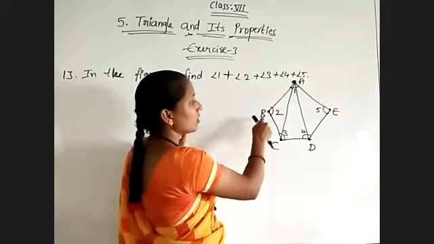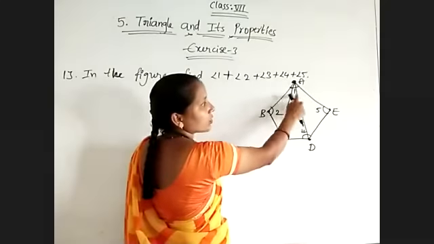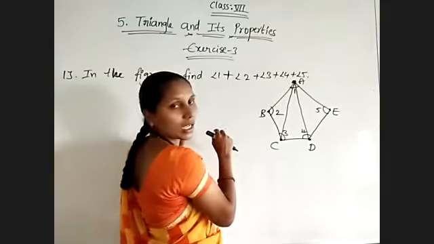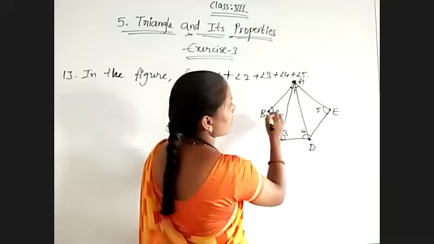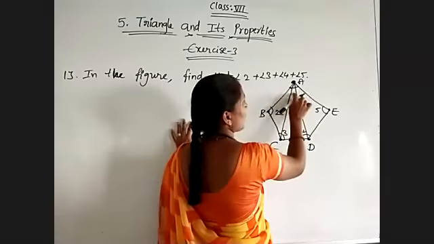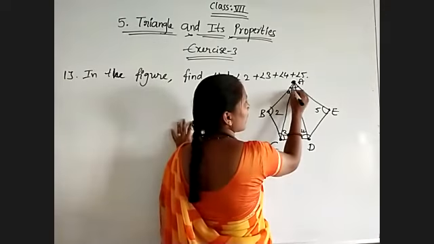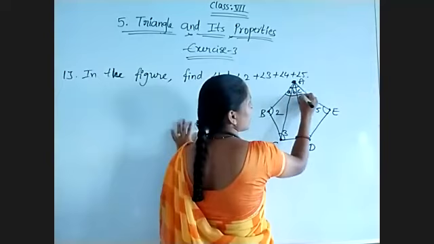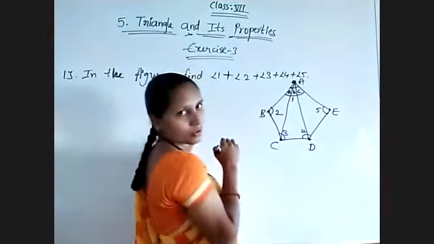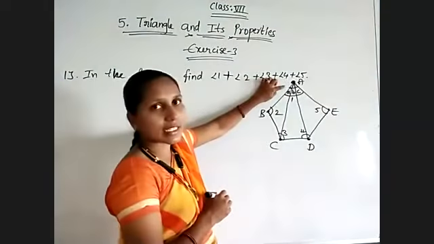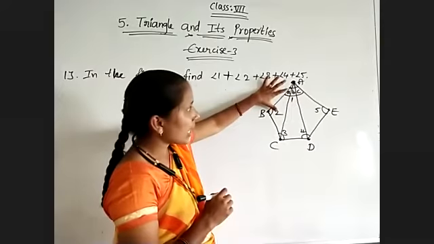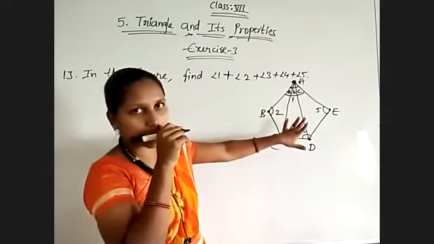Now here angle 1 is divided into 3 parts. Let them be angle a, b, c, and completely the sum of these 3 angles is equal to angle 1. Angle A is divided into 3 parts by drawing the AC and AD diagonals.